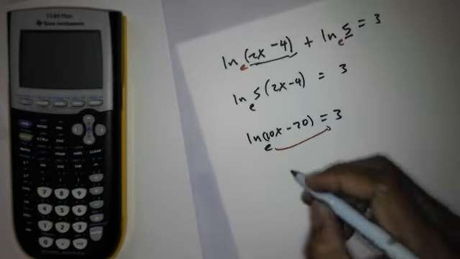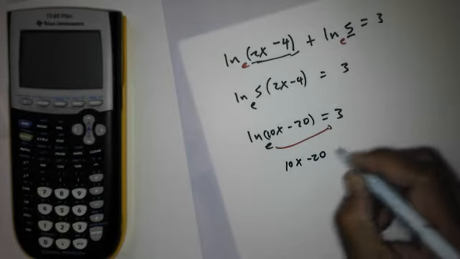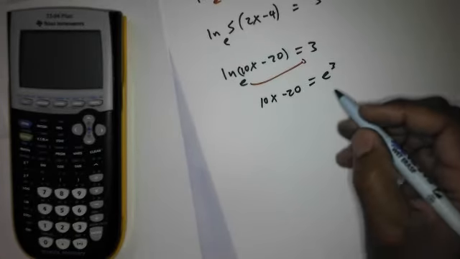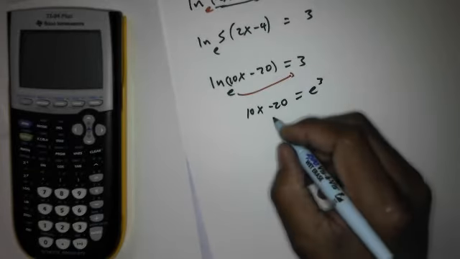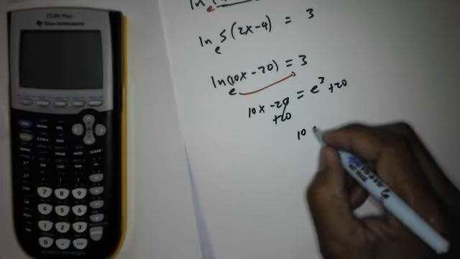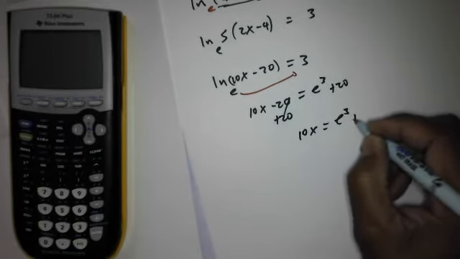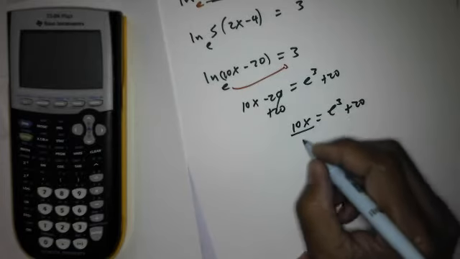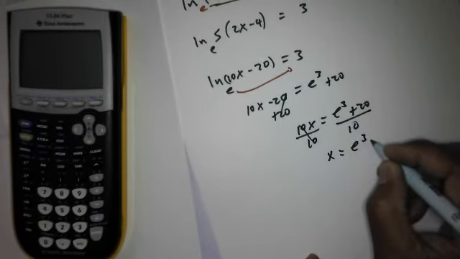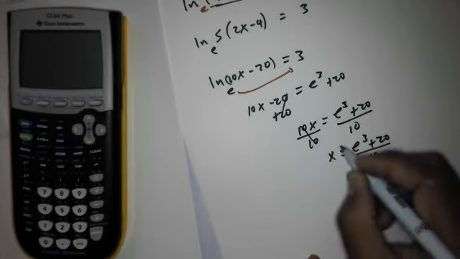So this is 10x minus 20 equals e to the 3, and the exact value is to keep it in terms of e, so we could go ahead and add 20 to both sides. So this is 10x equals e to the 3 plus 20, and we divide both sides by 10. So x equals e to the 3 plus 20 over 10.